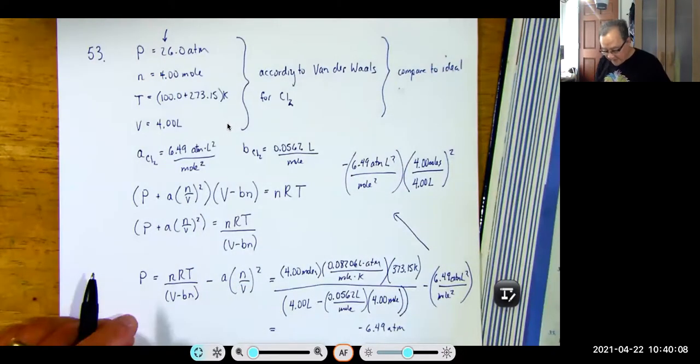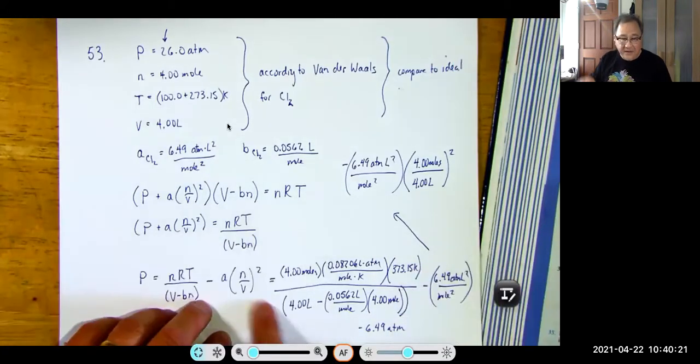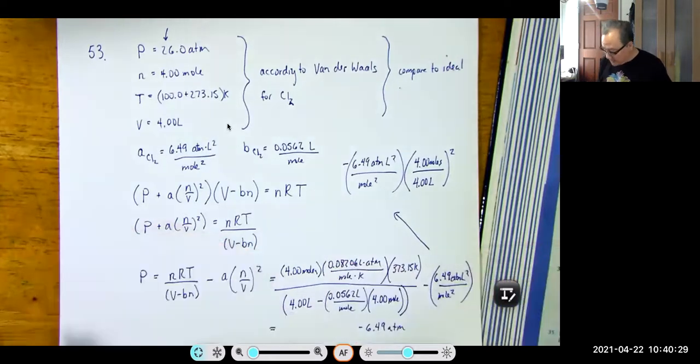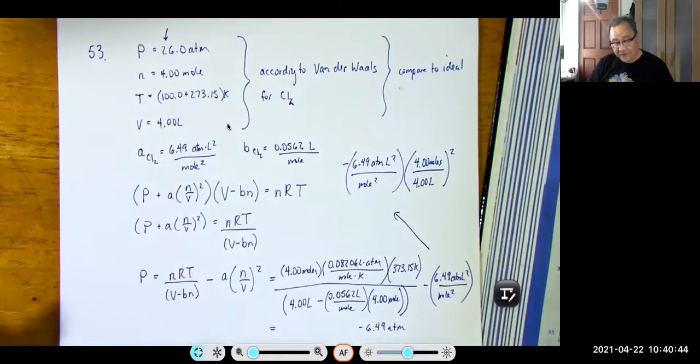So let's go ahead and do the calculations. Now, I'll be honest, with something like this, Charlotte, where it's this complex, I don't tend to put all of this in the calculator at once. I tend to do this stuff on the bottom first, then put it all together. So I'm going to do 0.0562 times 4. I'm going to subtract that from 4, and I get 3.7752.